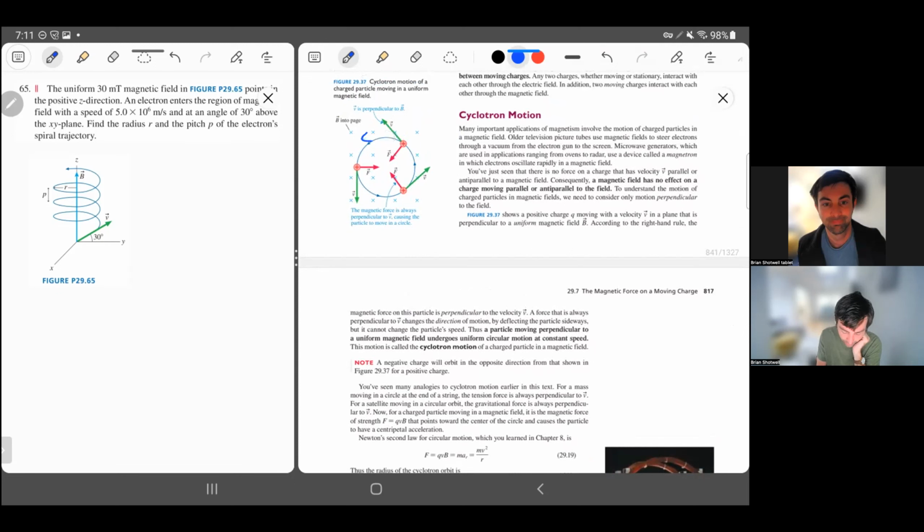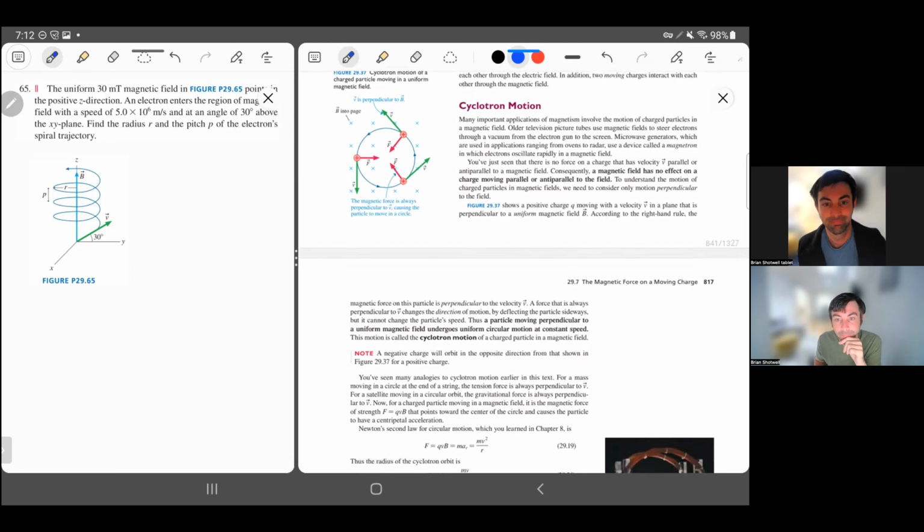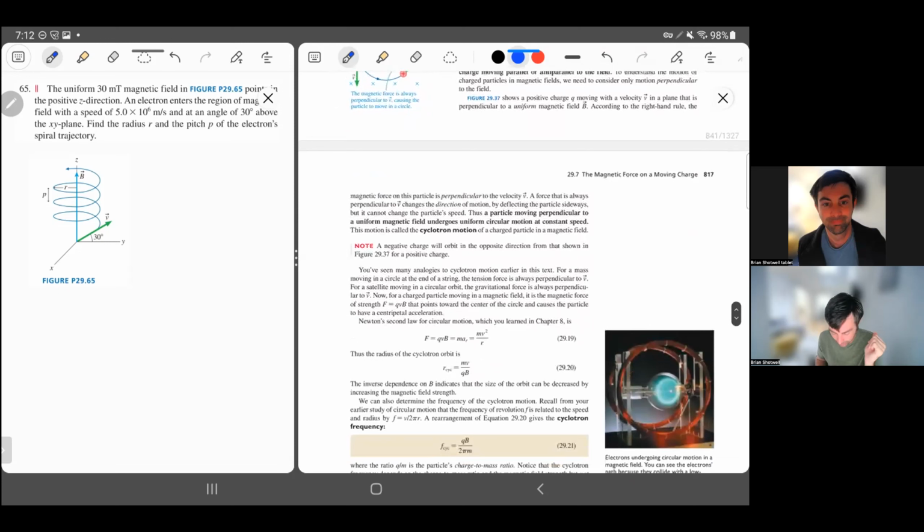If it's constantly turning, like say to the left in this picture, then it's going to wind up moving in a circle. And the force is always towards the center of the circle. So the magnetic force we can set equal to the centripetal force. That's the key equation that we're going to start with and then just manipulate until we get some other quantities. So that's what we have right here.